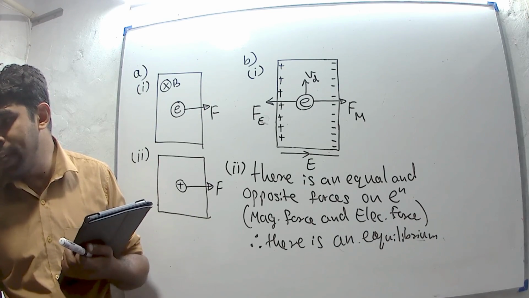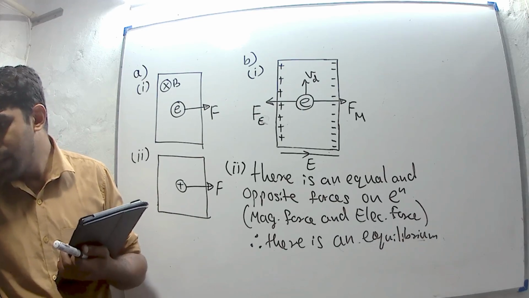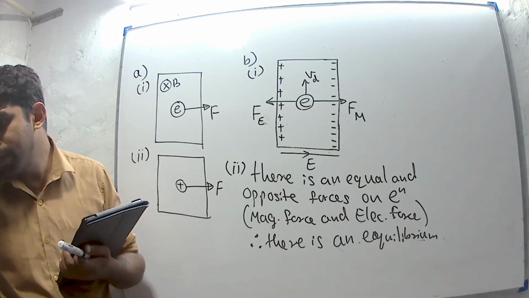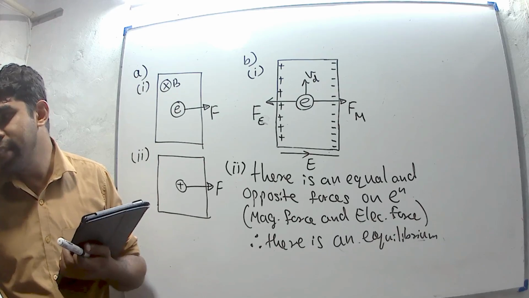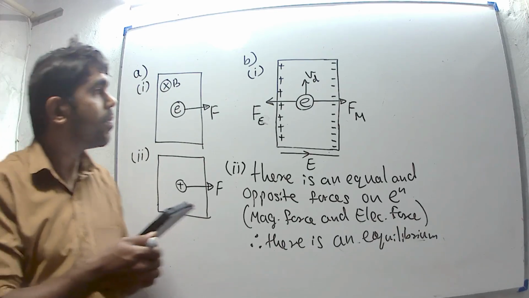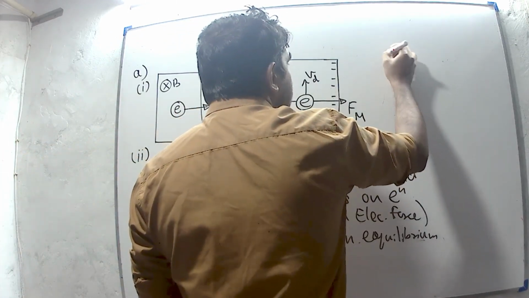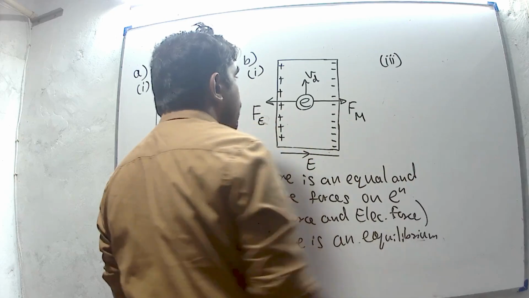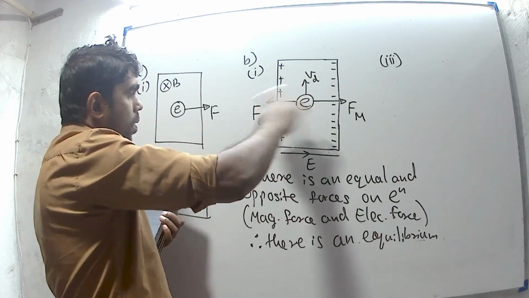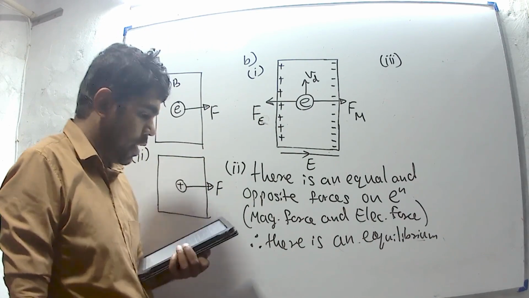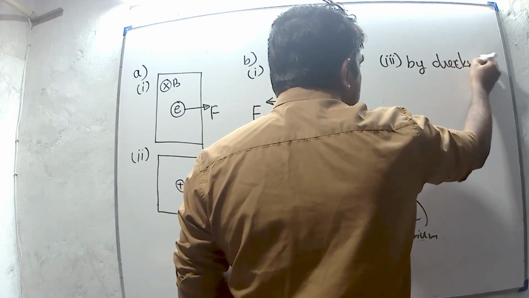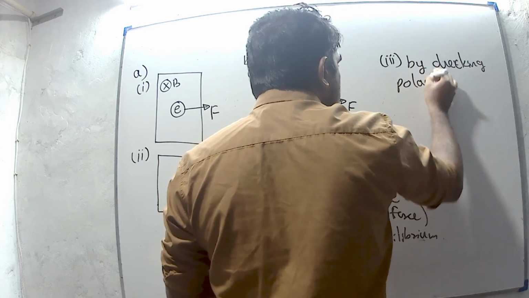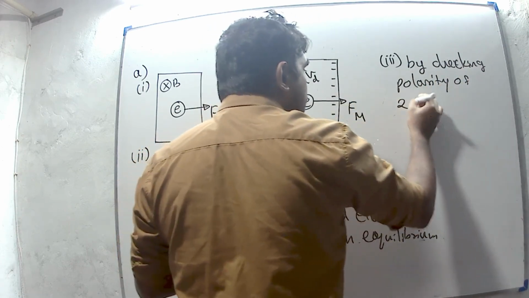Relative to the situation described in A part 2 for electrons, if the right side of the strip is positive relative to the left side, the charge carriers are positively charged holes. If charge carriers are positive, the polarity of the two surfaces should be opposite. Then we can write directly by checking the polarity of the two surfaces.